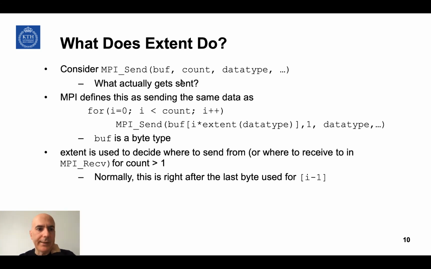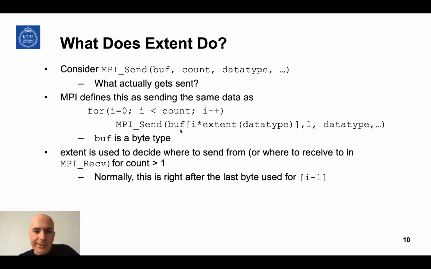So how does this buffer actually get sent? Well, MPI defines this as sending the same data as a loop from 0 to the number of elements of the data type, and we use this extent function to get access to the data in the data type.